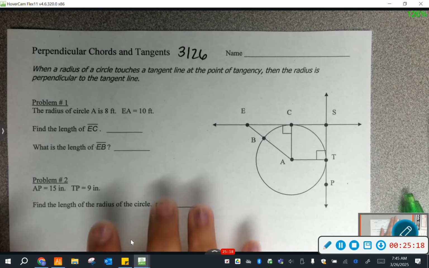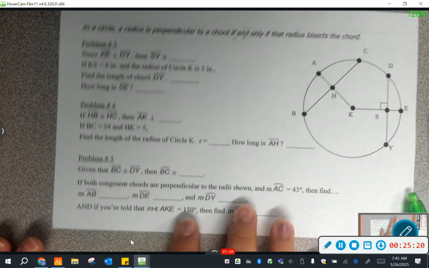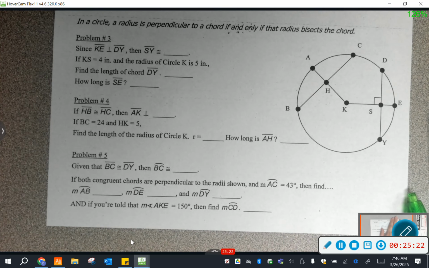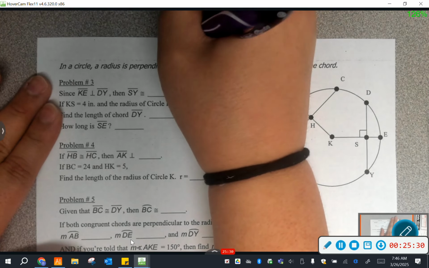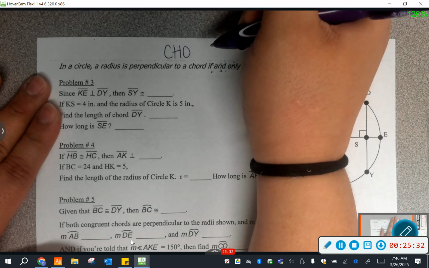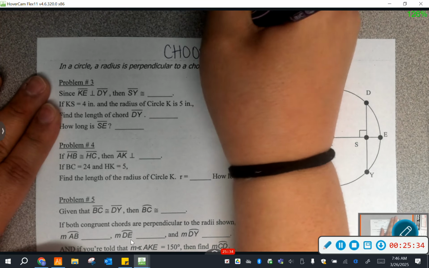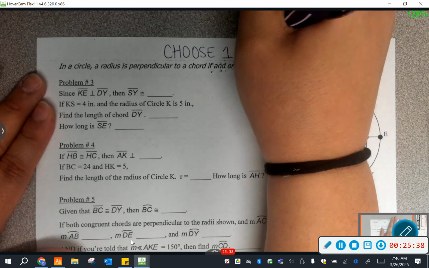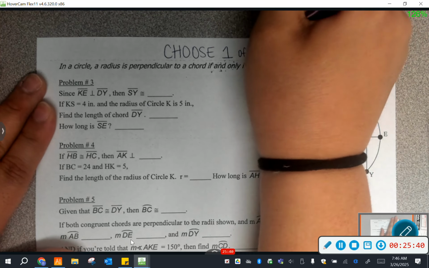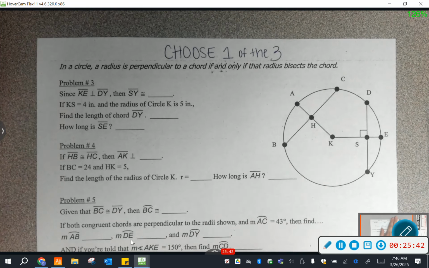On the back, I want you to choose one. You can either do problem 3, problem 4, or problem 5. It's up to you, but choose one. You don't have to do them all. So on the front, do both of them, 1 and 2. On the back, choose one of them.